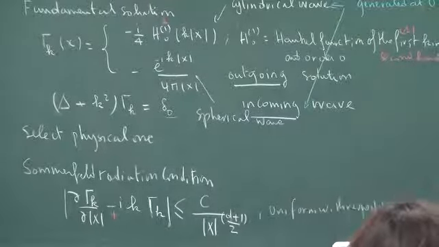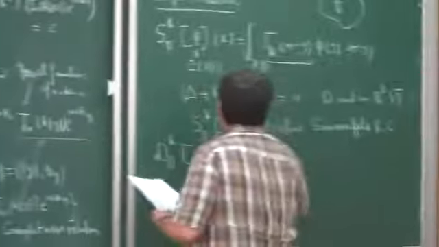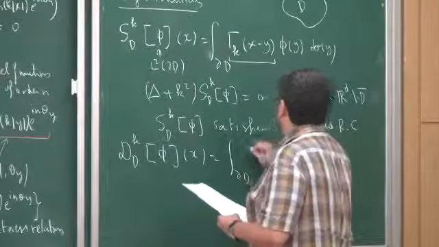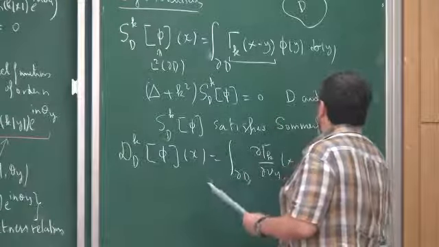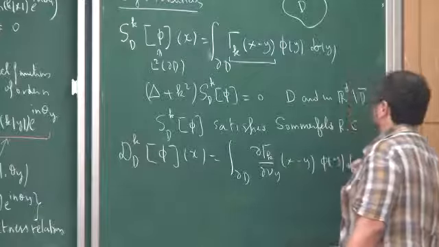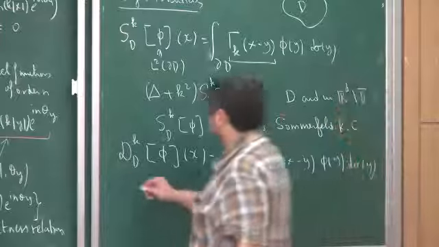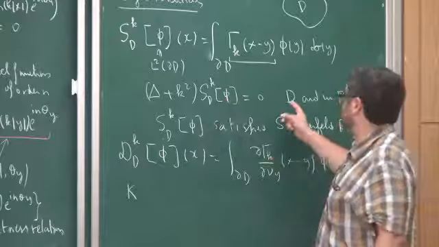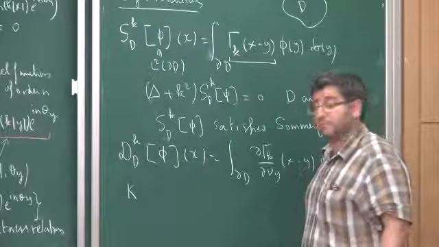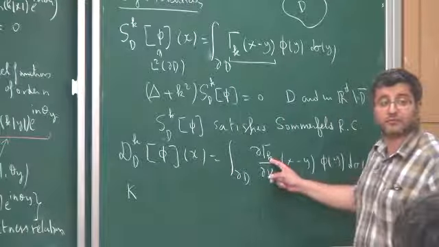Okay, we introduce the double layer potential D_D^k of phi of x. This is the convolution with the normal derivative. It is the same, a solution to Laplacian plus k square inside D and outside D, because gamma k is a solution to the Helmholtz equation.